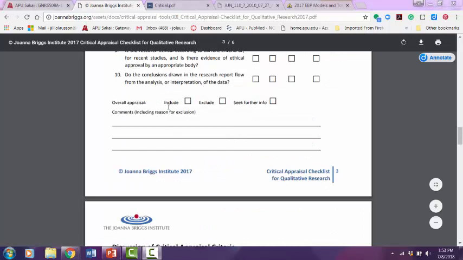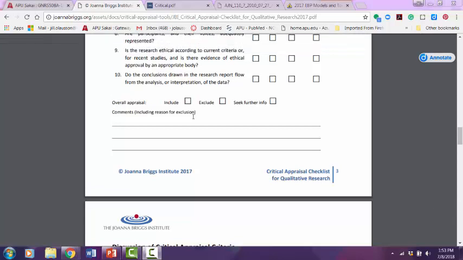What you can put in the table is just whether you're going to include, exclude, or seek further info, and then just one or two sentences, probably just one sentence or bullet point, giving reasons why you excluded it. So sample size was too small, or not generalizable to African Americans in urban areas, or whatever the reasons why you were going to exclude it.